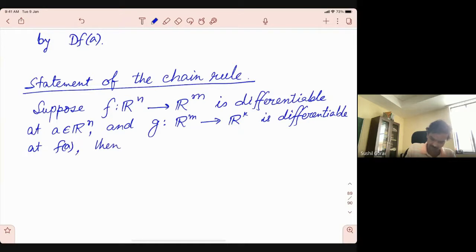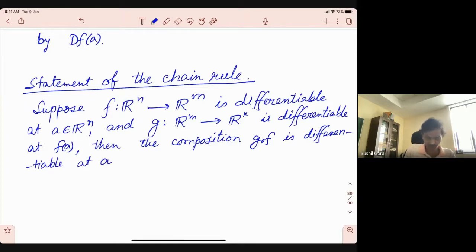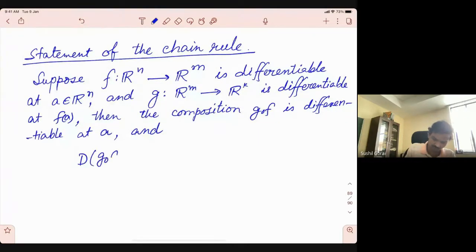Then the composition g compose f is differentiable at a, and D(g compose f) at a is D g at f(a) composed with D f at a.